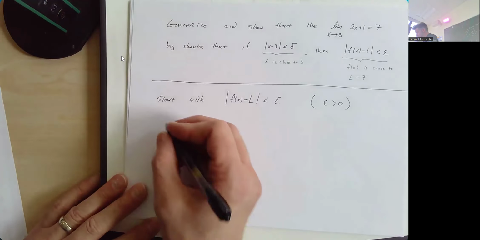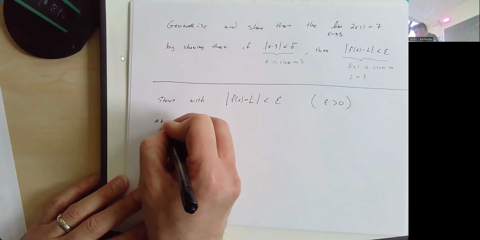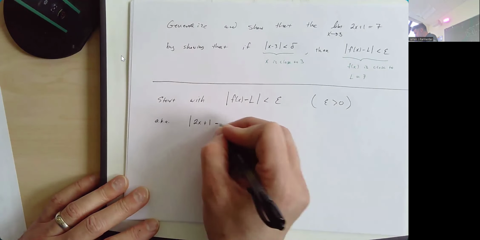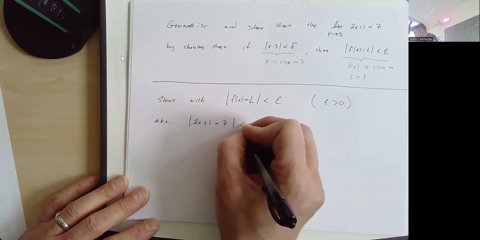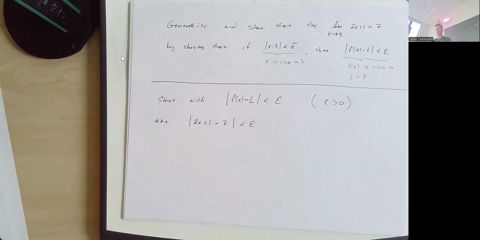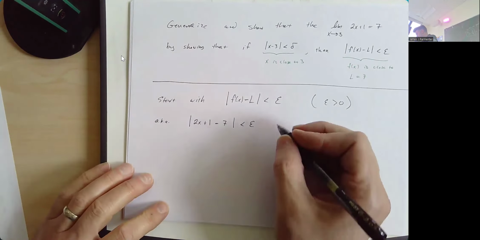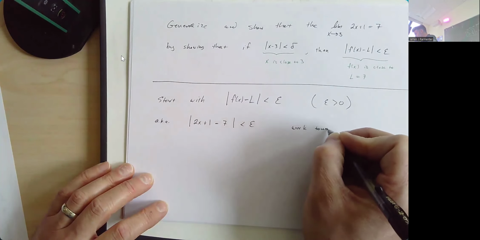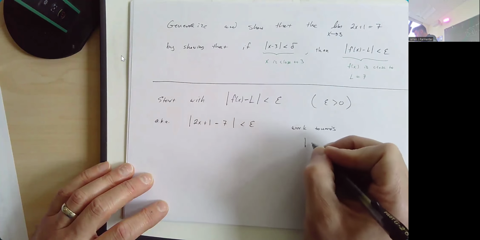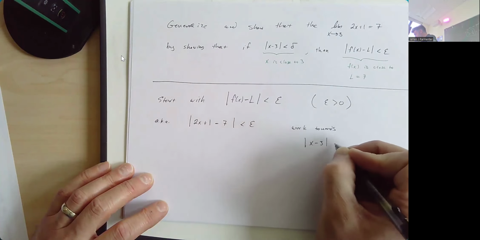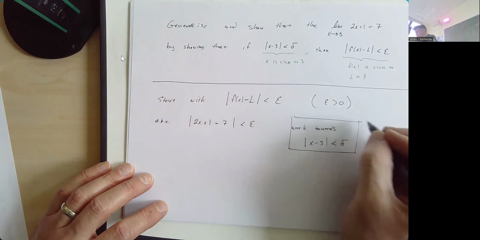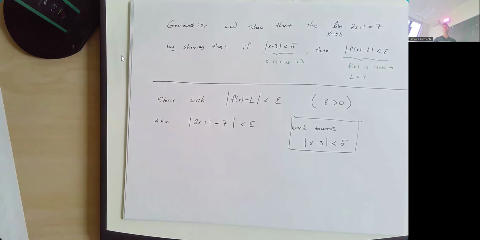So what I really want is the absolute value of 2x plus 1 minus 7 to be less than epsilon. And then what I'm going to work towards is the absolute value of x minus 3 less than some delta, where delta is usually defined in terms of epsilon.